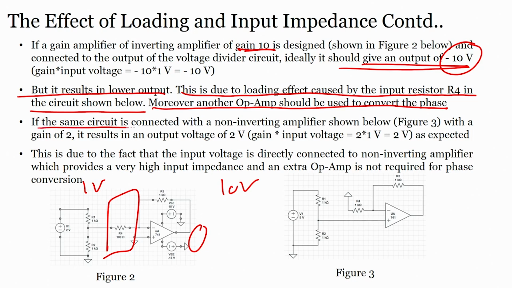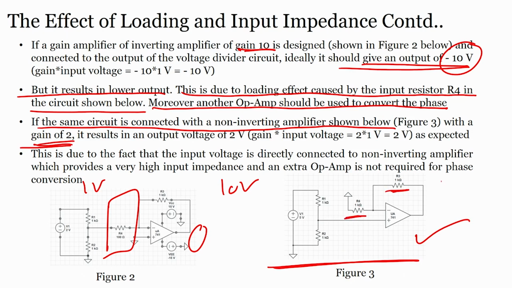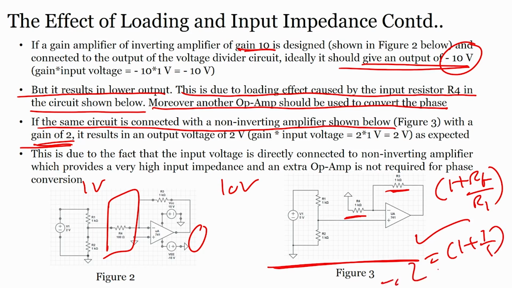If the same circuit is connected with a non-inverting amplifier, figure 3, with a gain of 2, why? Because you have here 1 kilo ohm, you have here 1 kilo ohm, and the gain of a non-inverting amplifier is 1 plus Rf by R1, which is 1 plus 1 by 1, equal to 2, right.